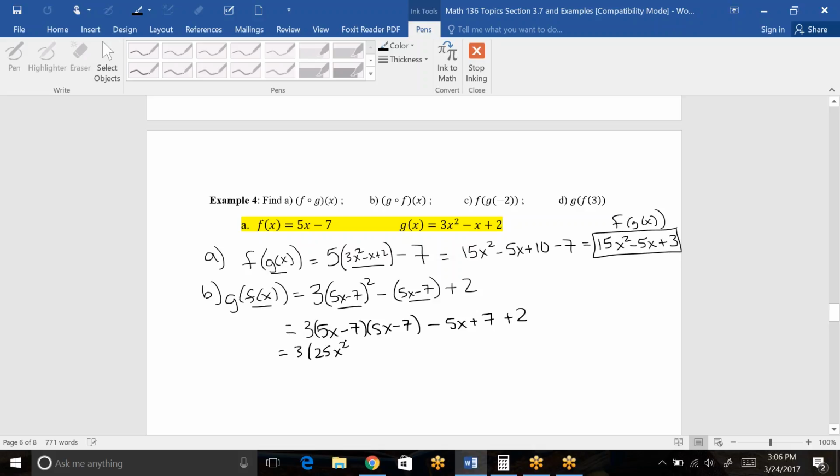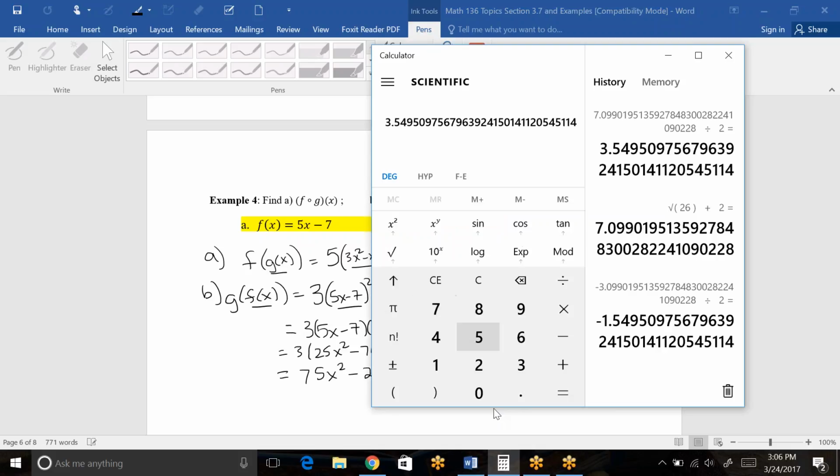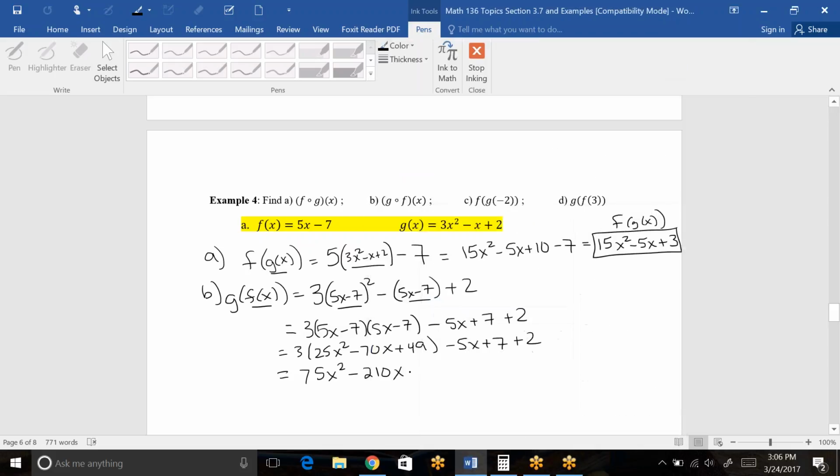That's 25x squared. Minus 35 and minus 35 would be minus 70x. Negative 7 times negative 7 is positive 49. And then I still need to distribute that 3. I do not know what 49 times 3 is. It's 147.